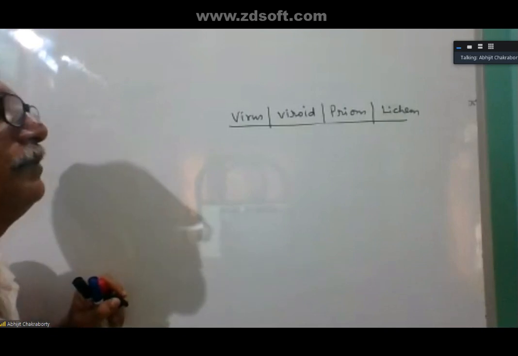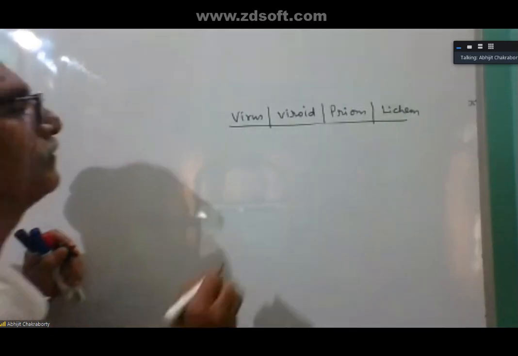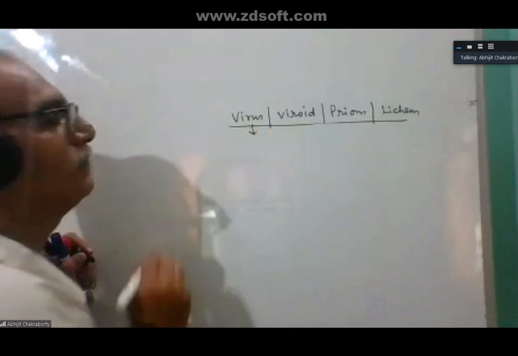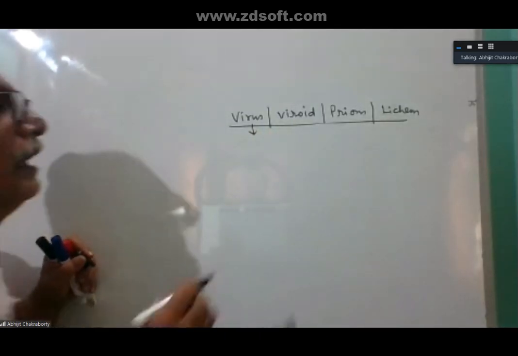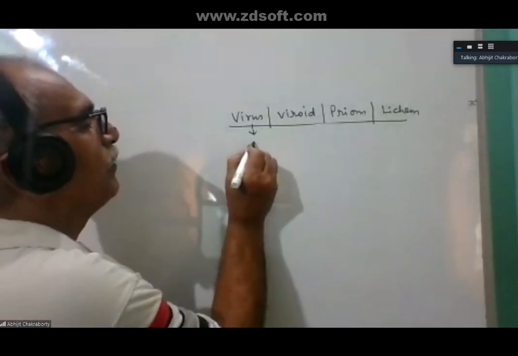Virus, viroids, prions and lichens. First of all, virus. What it actually appears like, an ideal diagram I am going to show you.